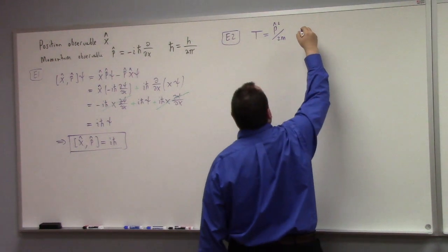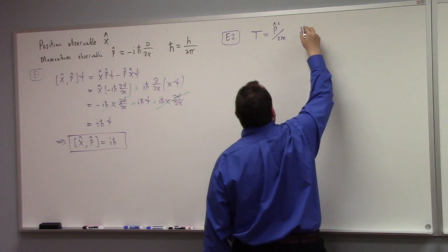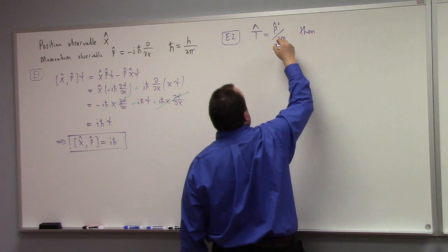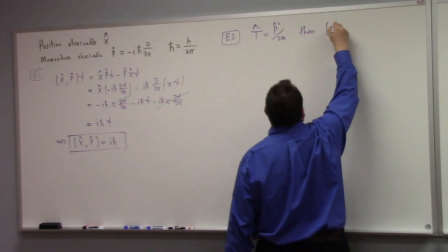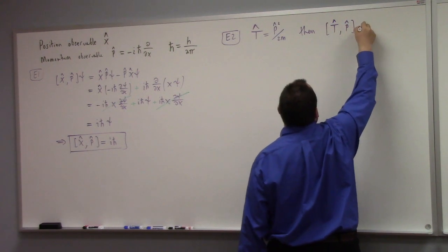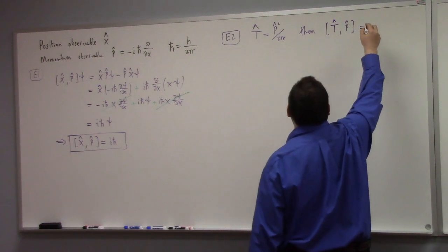And then you can calculate the commutator, T hat, I guess I should say, and you can work out that the commutator of T hat and p hat is, well, 0.